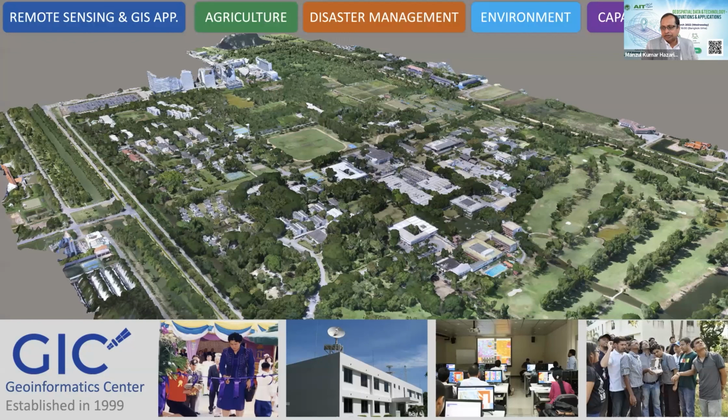Initially we started as a training center, but now we are also moving to many other areas, for example remote sensing and GIS applications, agriculture applications, disaster management, environment, and capacity building. We are still continuing training, and these are some of our activities. You can see some training and some of the field work.